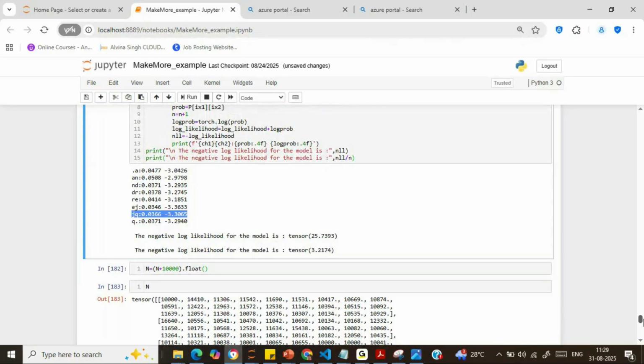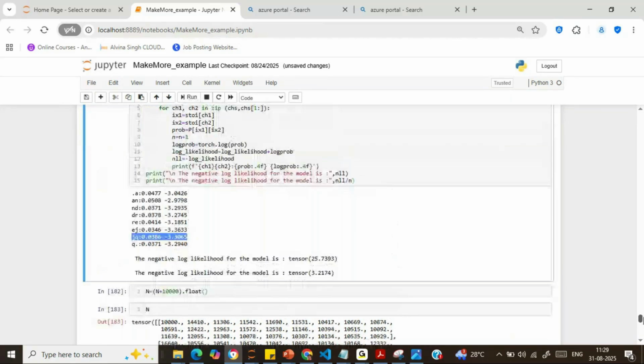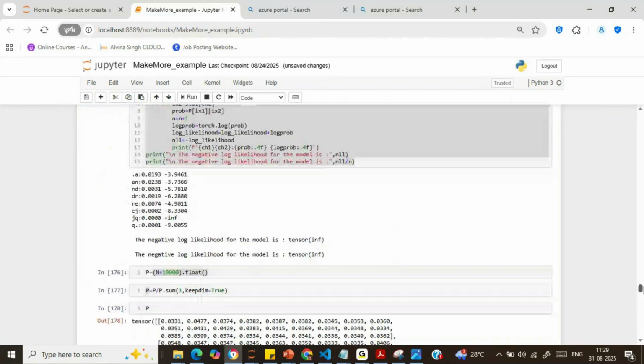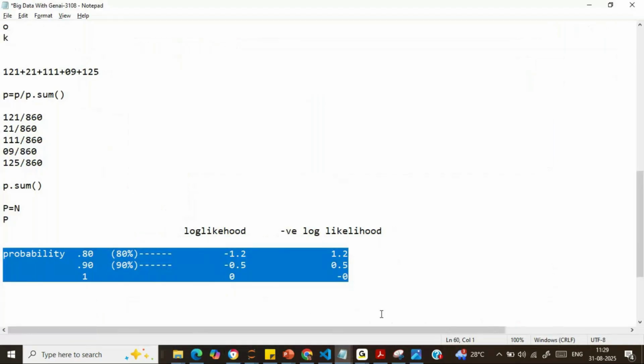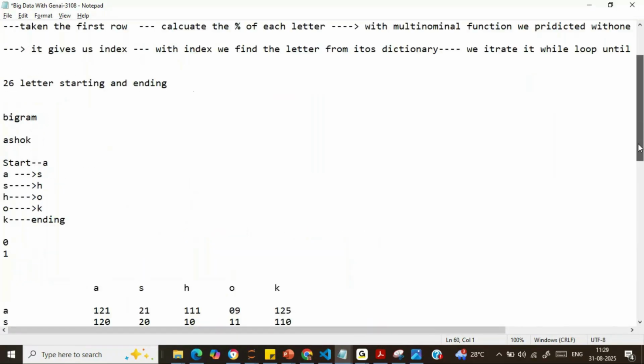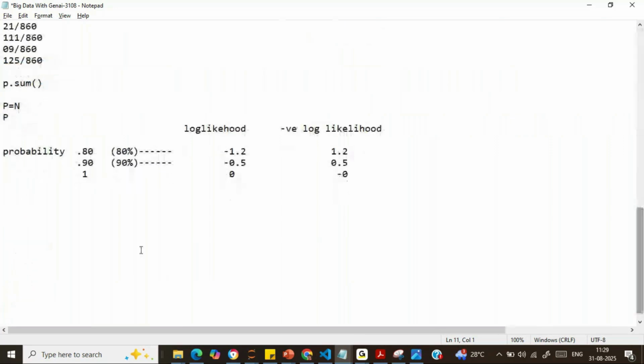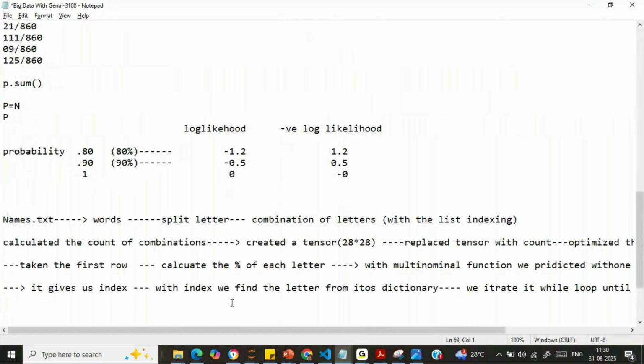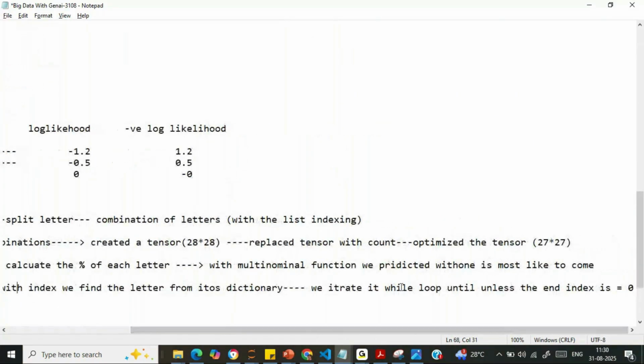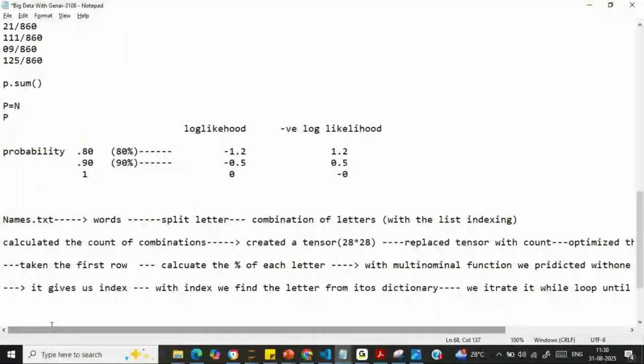Now, I think that's it for this particular session. Let me explain what we have done. We had these particular steps, we executed these steps, we iterated with a while loop, and then we were able to predict.